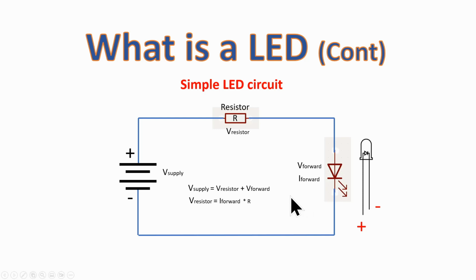If we look at the voltage of the resistor, we can just apply Ohm's law, because we know the current we want to go through the resistor is this forward current we want to go through the LED. So if we apply Ohm's law, we find that the voltage drop across the resistor should equal the forward current times the resistance. Now we can simply plug this back in up here, and we get the following formula.